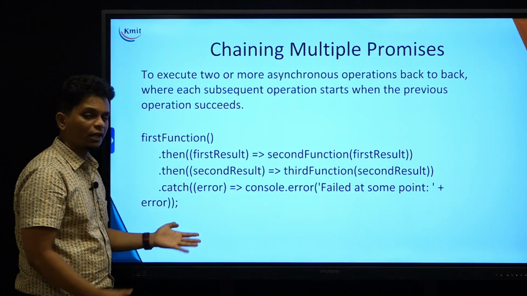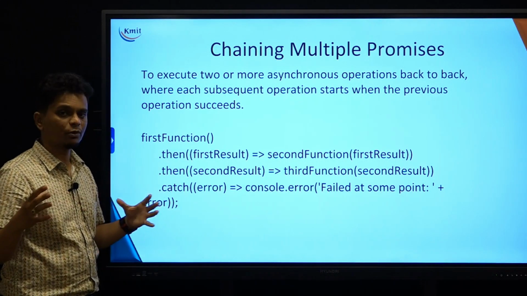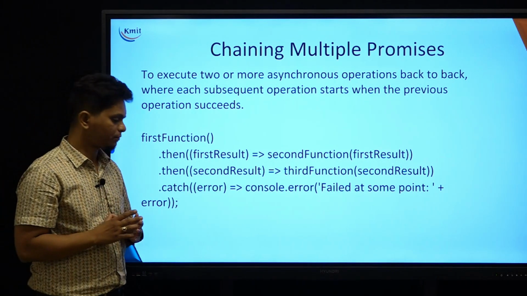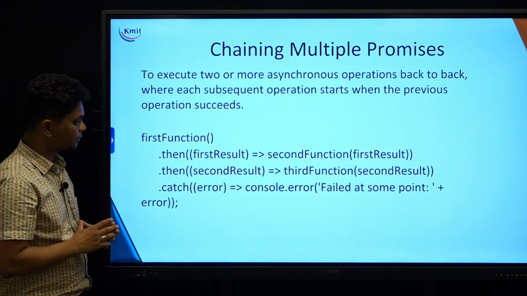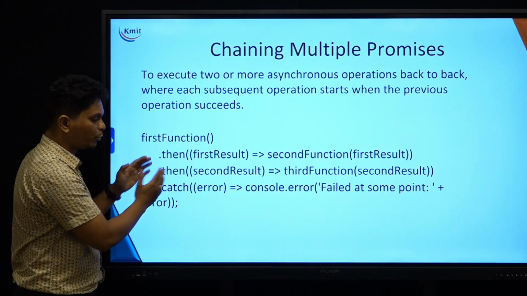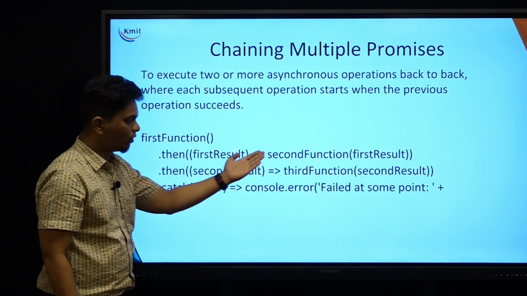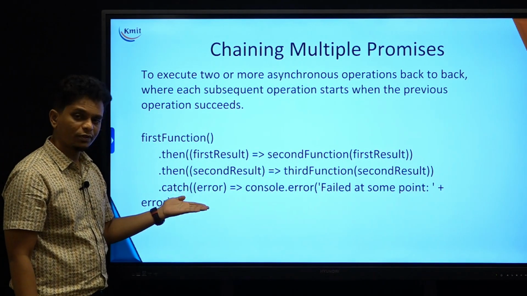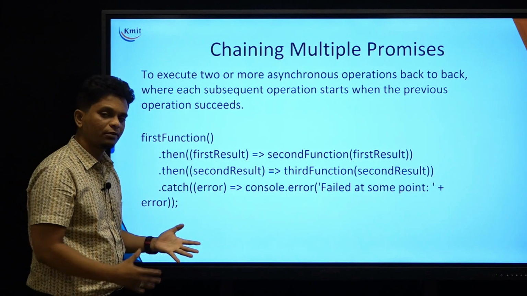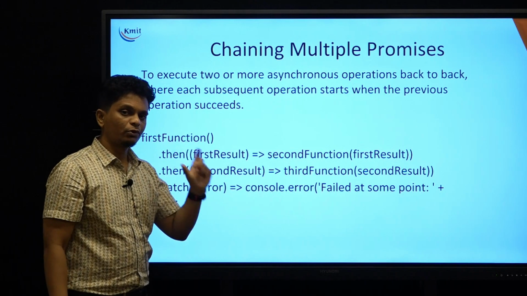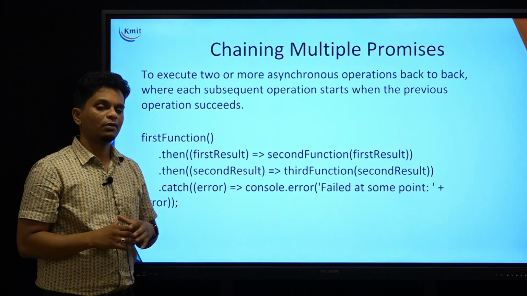Like this we can have a chain of multiple promises designated for all the operations. And if at some point the operation fails, we have dot catch along with the error parameter ready to specifically point out at which point the error has occurred.